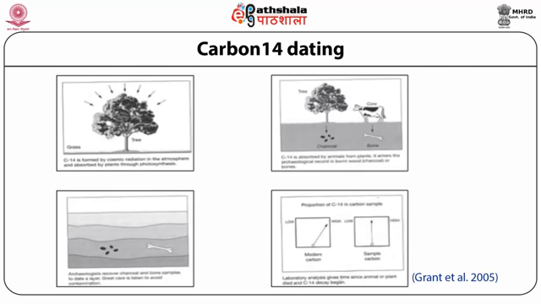By measuring the ratio of carbon-14 and carbon-12, the amount of carbon-14 present in the sample can be calculated. The age of the specimen is calculated by the emission rate of half of the original radioactive material, that is carbon-14, approximately 5730 years.